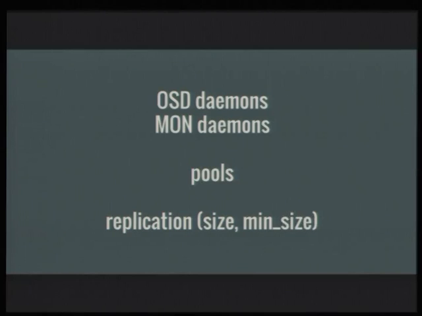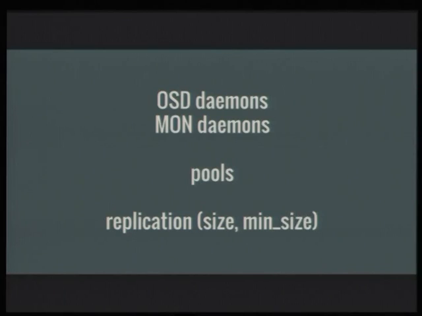Now I will skip all the details of how the objects are stored in Ceph, but there is something called a pool, and you can set parameters for this pool. You can set maybe 10,000 parameters, but the size and the min size are the most important ones. Size defines the replication factor of a cluster.